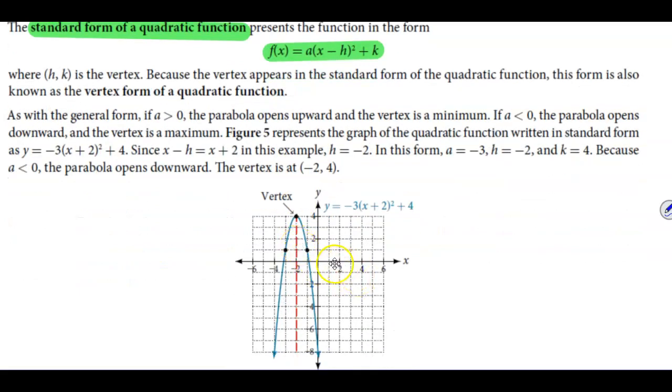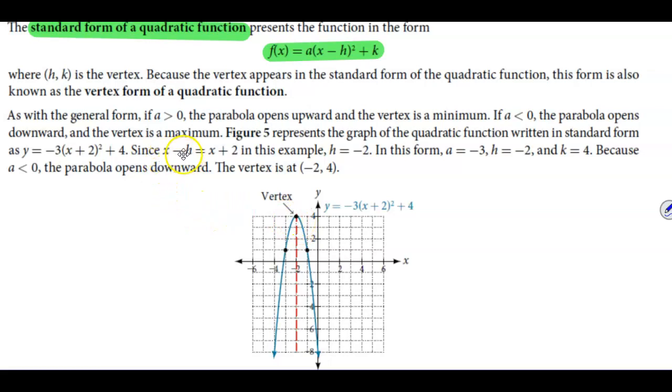Figure 5 shows the parabola of the equation y equals -3 times x plus 2 squared plus 4. We know that the value of a is negative, so you can see that the parabola is opening downward, which means that we have a maximum.